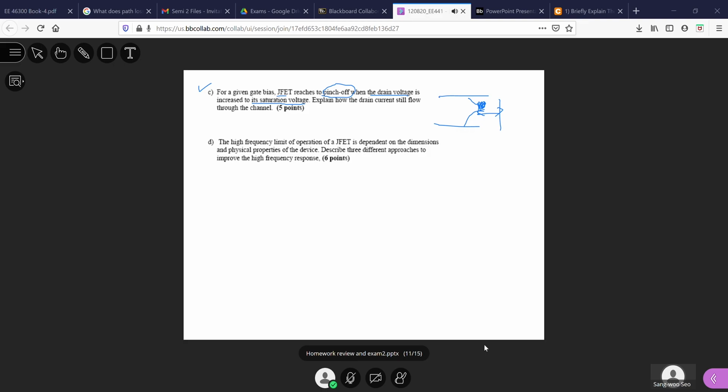But still, as you can see, the current remains constant, and we see the drain current flow through the channel.